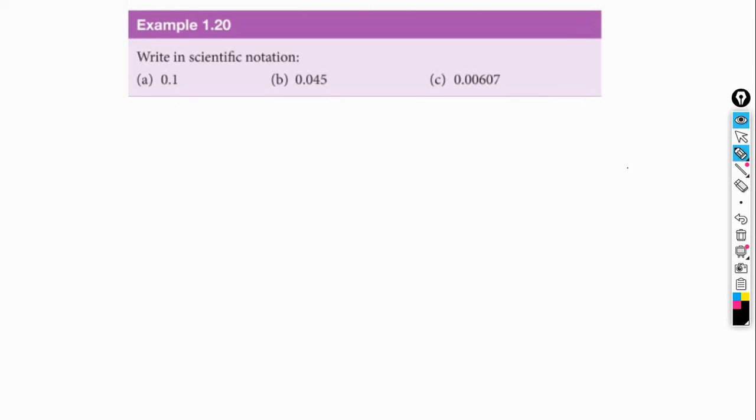So now we're in example 1.20, and they ask us to write in scientific notation these numbers. So the first one is 0.1. So these are numbers that are less than 1. So notice that 0.1 is the same as saying 1 divided by 10. Or you can also say that this is 1 times 1 over 10.